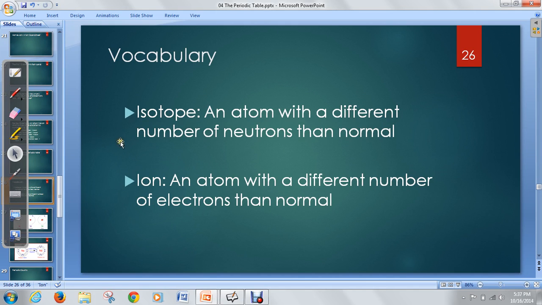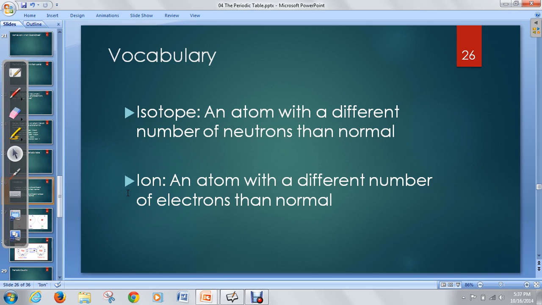Another word is ion. An ion is an atom with a different number of electrons than normal. If you remember, any atom usually has the same number of electrons as protons. If I have 19 protons, I'm going to have 19 electrons. If I have 14 protons, I'm going to have 14 electrons.